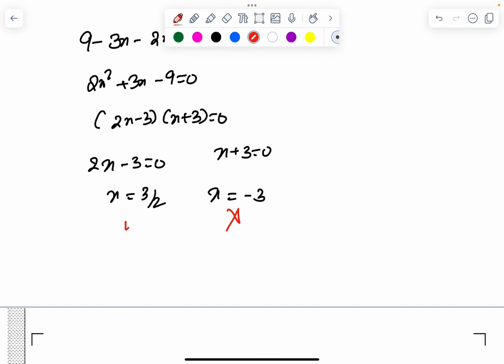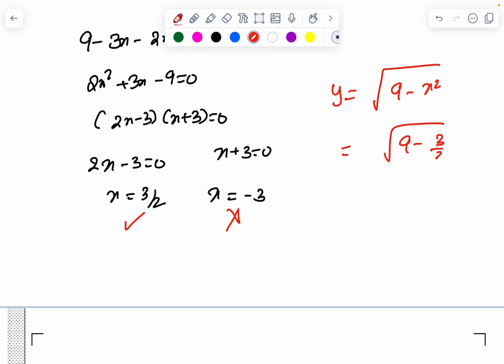So y equals square root of 9 minus x square, which is going to be square root of 9 minus 3 upon 2 whole square, which is square root of 9 minus 9 by 4, which is going to be square root of 27 upon 2.